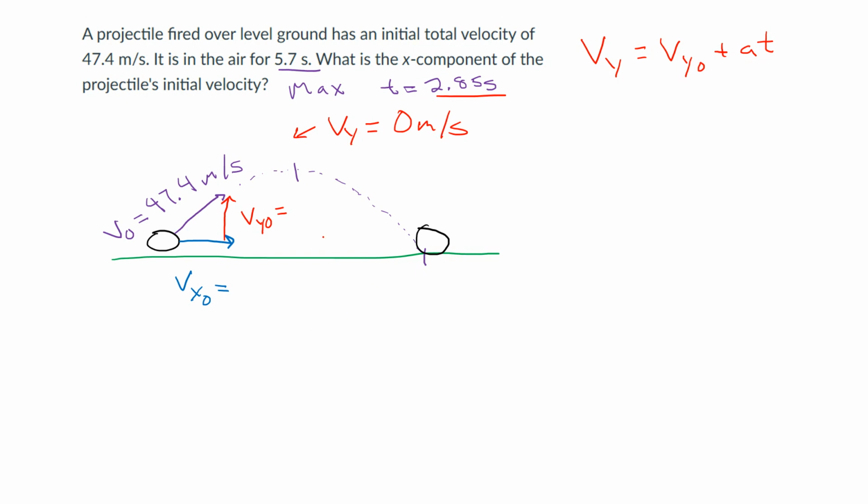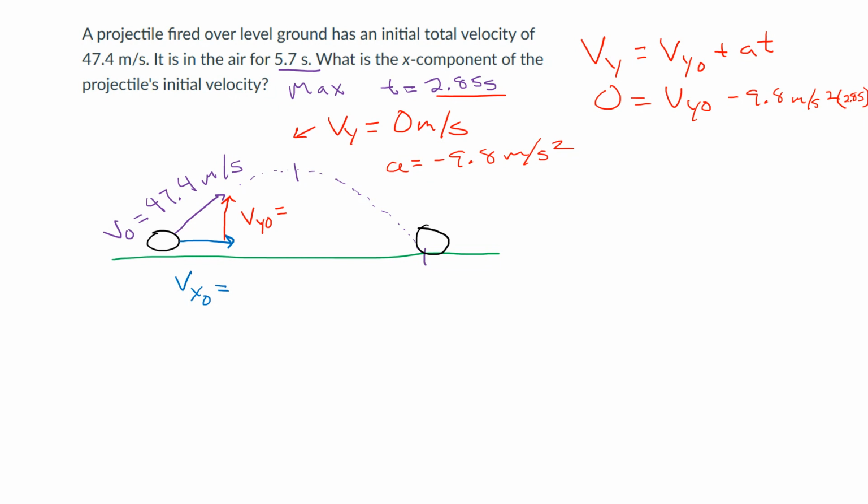We don't know the initial, because that's what we're solving for. The acceleration due to gravity is negative 9.8 meters per second squared, multiplied by 2.85 seconds.